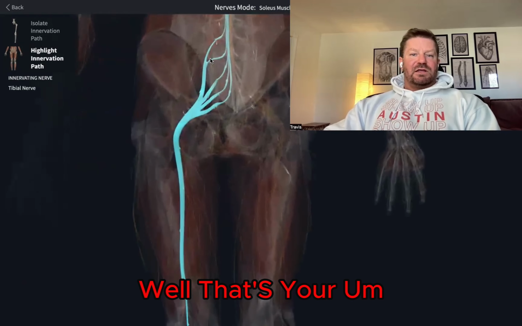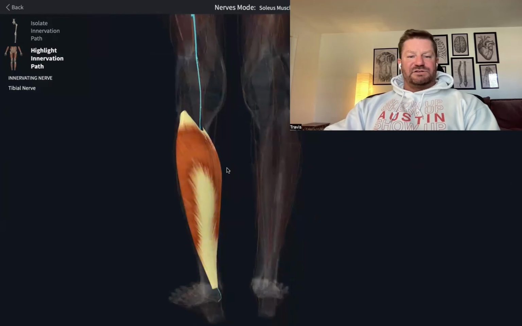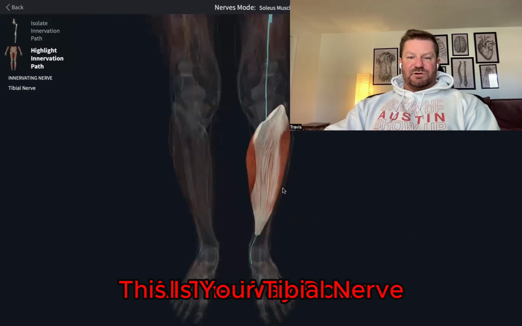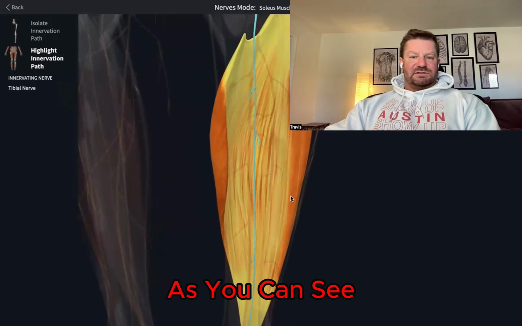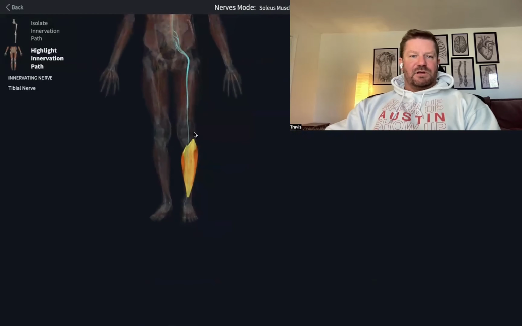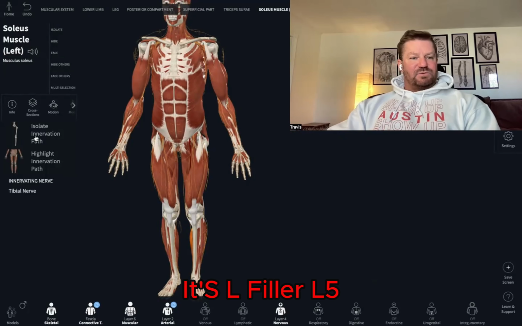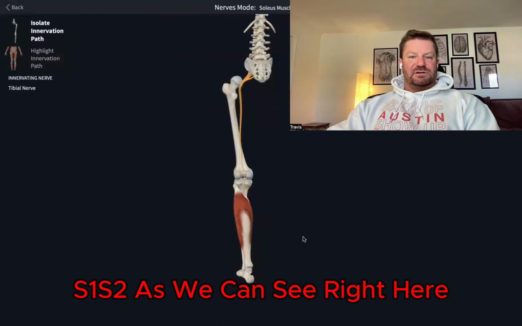Well, that's your L4, L5 and your S1, S2 down here. Comes down, innervates your soleus all the way down. This is your tibial nerve. We can see that it is going to be anterior right there. Pretty cool little thing. So that is going to be the nerve that innervates it, L4, L5, S1, S2.